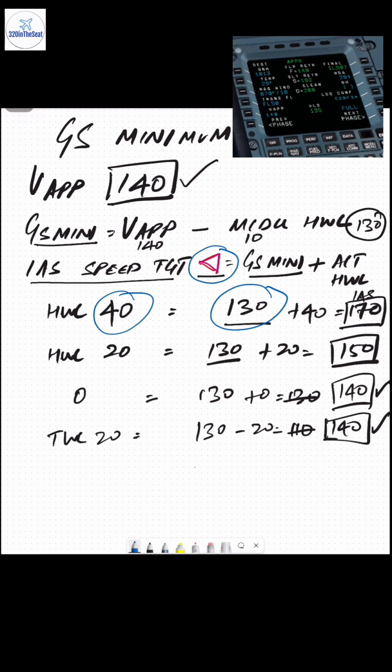So now let's look at the GS Mini function in action.